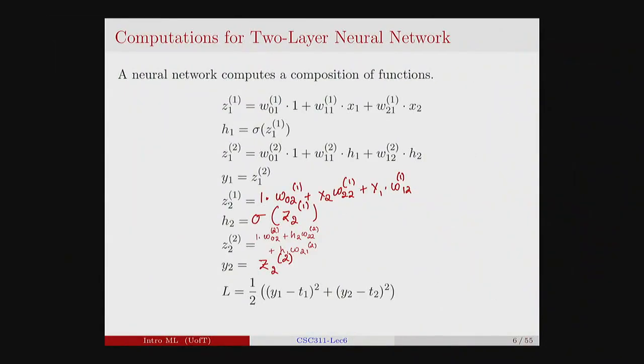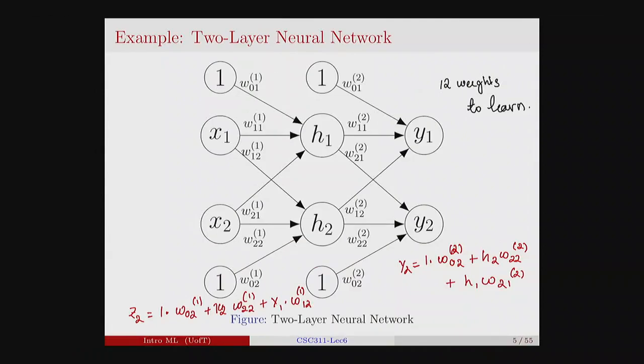As we said before, a neural network computes a composition of functions. So we're going to compute first Z1, which is the pre-activation output obtained by doing the linear operation on the inputs. And Z1 is passed through a sigmoid nonlinearity in order to get the value of H1. These two lines here correspond to the computation of taking these three things and computing H1.